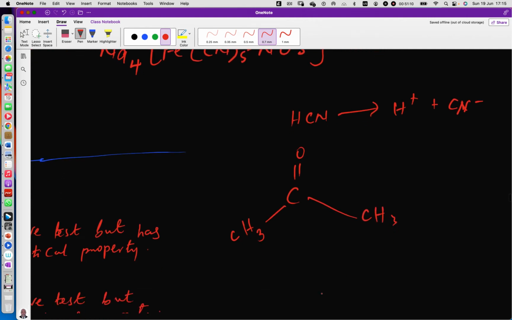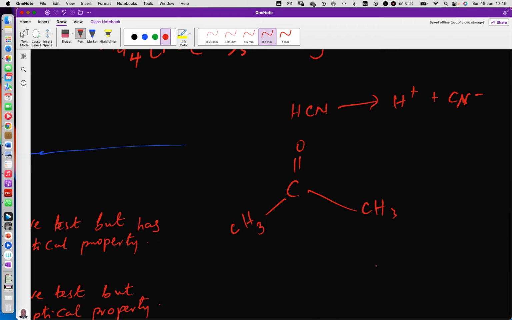Nucleophiles are electron pair donors. They are going to donate an electron pair here. So this lone pair is going to be shifted in here.